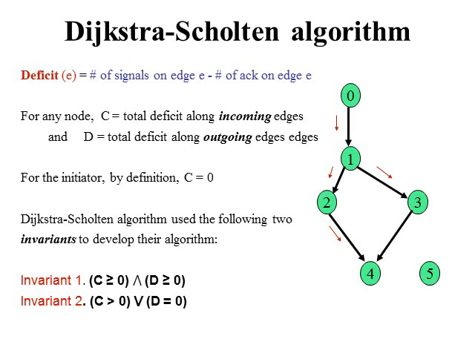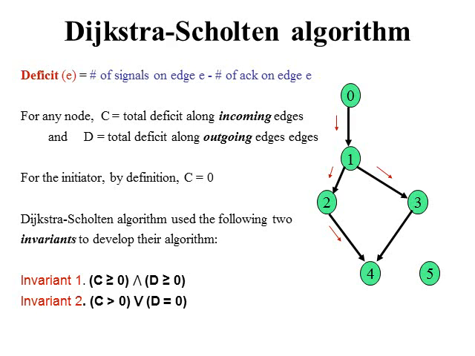So it's very apparent that the initiator process, the process which initiates or starts the termination detection algorithm, only has outgoing edges. It does not have any incoming edges, and so by definition the value of C, the total deficit along incoming edges, is going to be equal to 0, because it has no incoming edges incident on it.